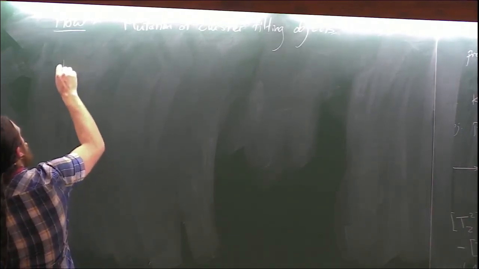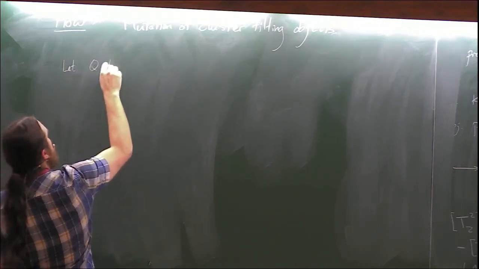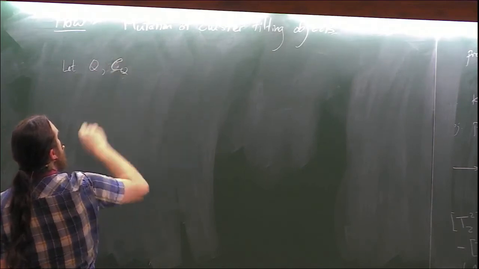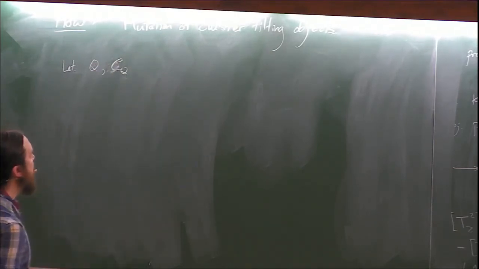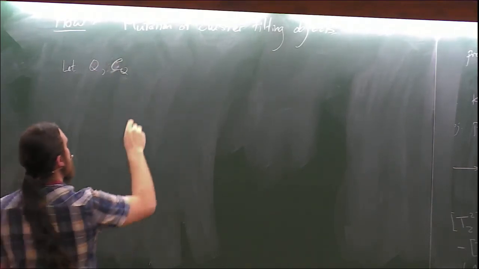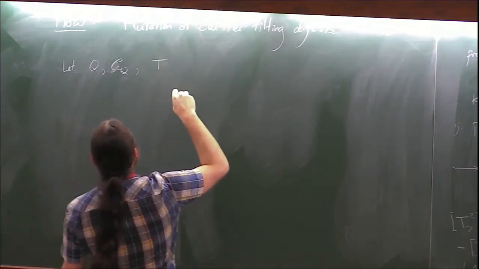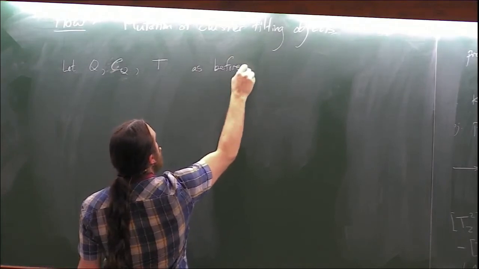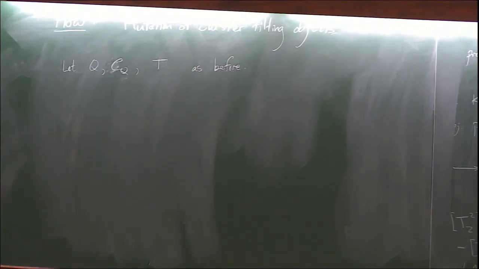So again, what is my setting? Let Q be an acyclic quiver. CQ is the cluster category, and T any basic cluster tilting object in CQ. I want to mutate T.